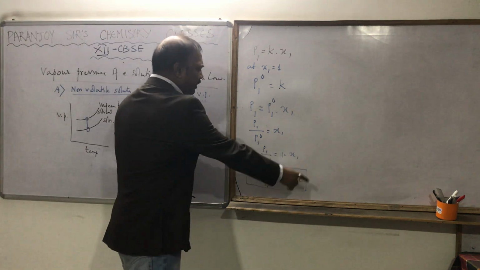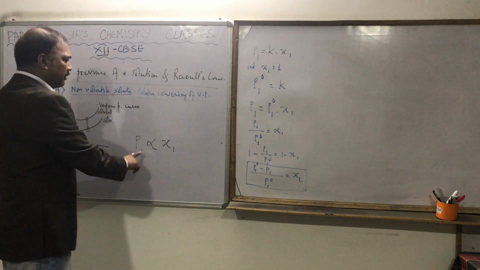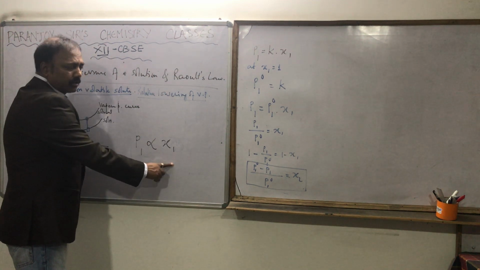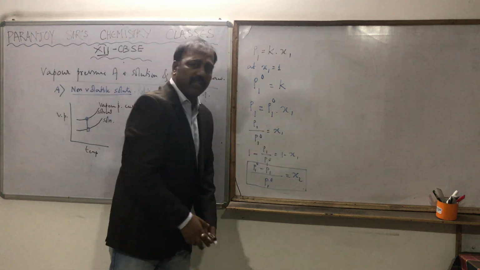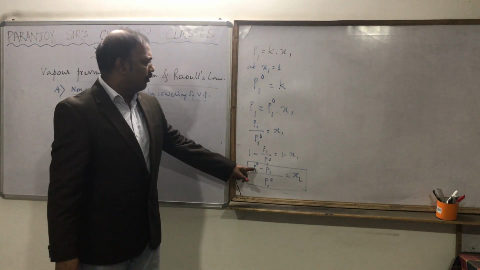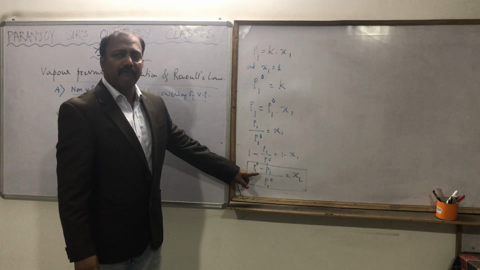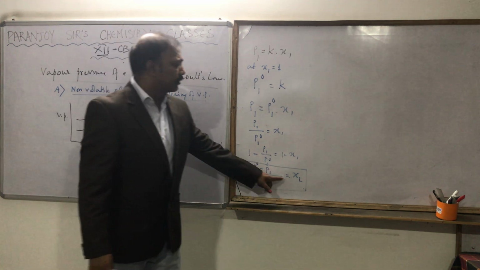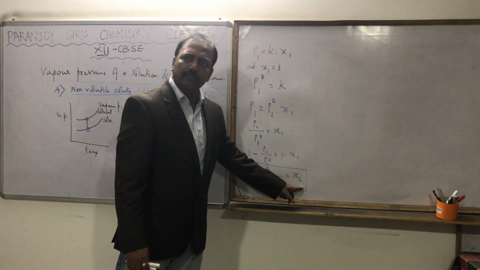So from where did we get this equation? We got this equation from nothing but this one. And this is the basis of Raoult's law. So Raoult's law can also be expressed as: the relative lowering of vapor pressure of a solution of non-volatile solute is equal to the mole fraction of the solute.